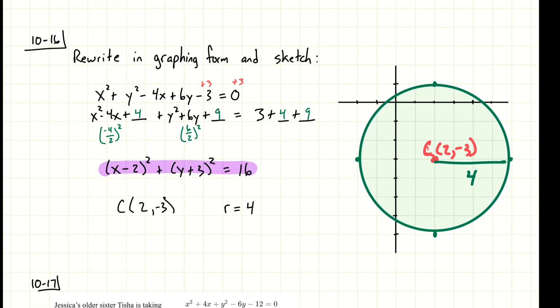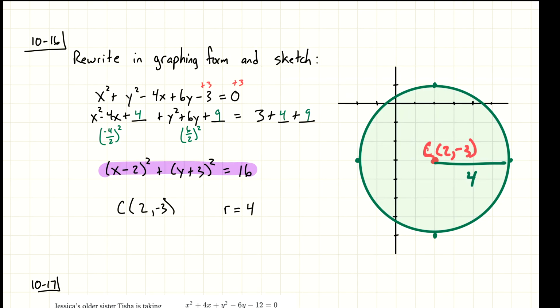If you were getting a test question, most likely it would be something like this. I could give you it in general form, say convert it to graphing form, which shows me you know how to do completing the square. Can you pull out the key information, center and radius, and can you take that and graph it? All right, so this is a good test question if you were going to get that.